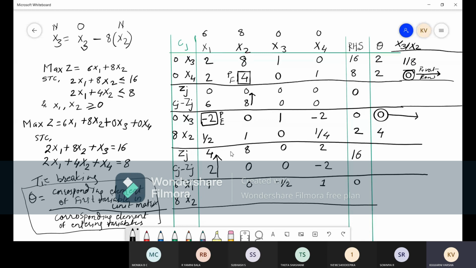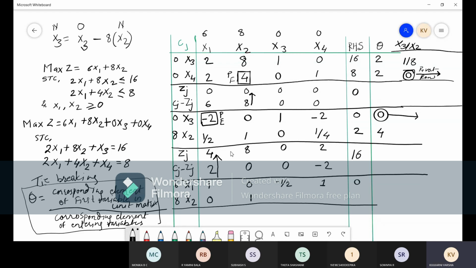Now for finding x2, we should get 1 over here, and in the x1 column we should get 0 over here, right? To find the remaining values we need to take this x1 row and the old x2 row.